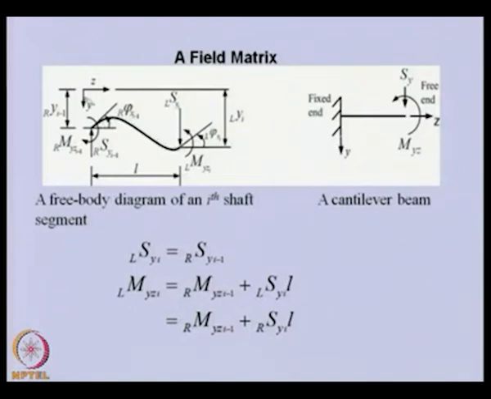So, for YZ plane, one end of the shaft is having linear displacement y. This is ith shaft. So, we will be having I minus 1 disk in the left hand side of this shaft, and toward the right side we will be having ith disk.